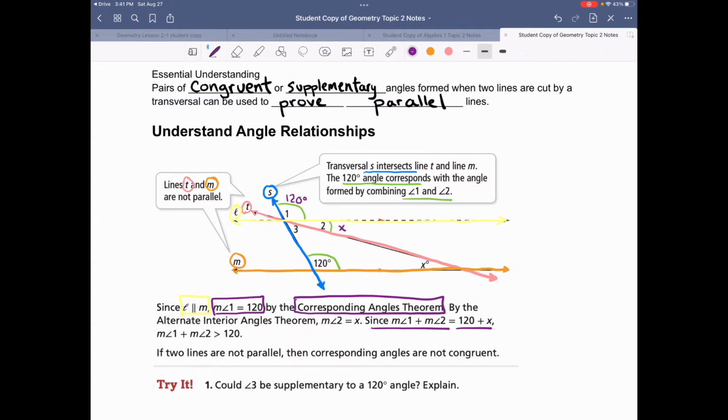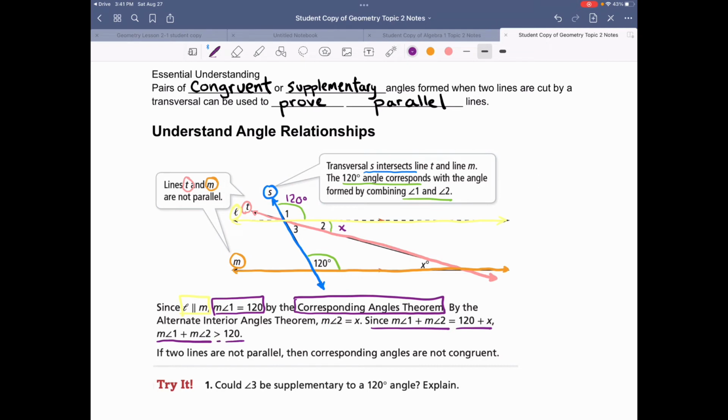So angle 1 is 120, angle 2 is x. Which means that if x has to be a number, then when we add angle 1 and angle 2, it's going to be greater than 120.